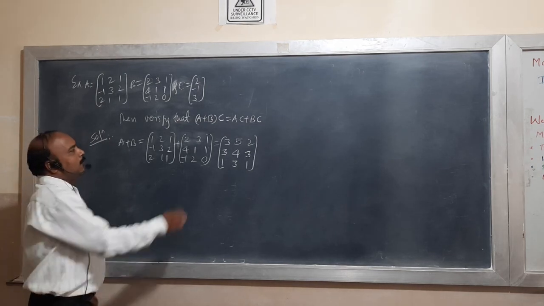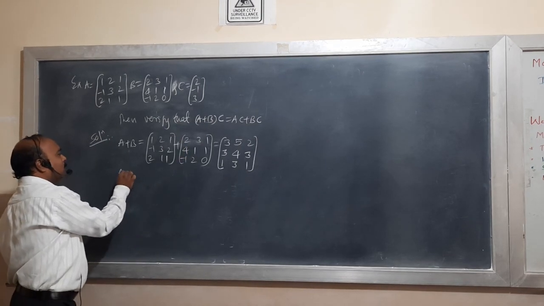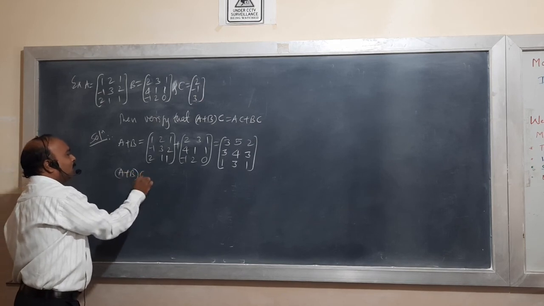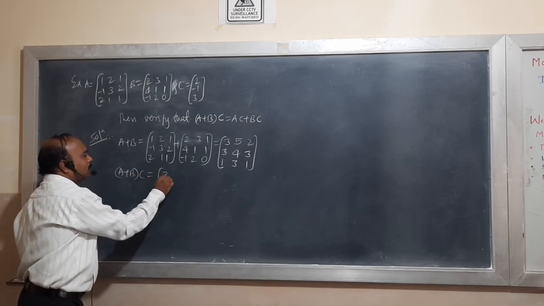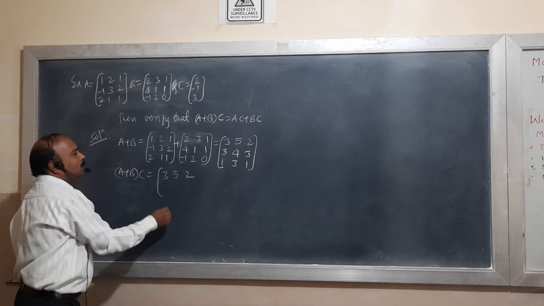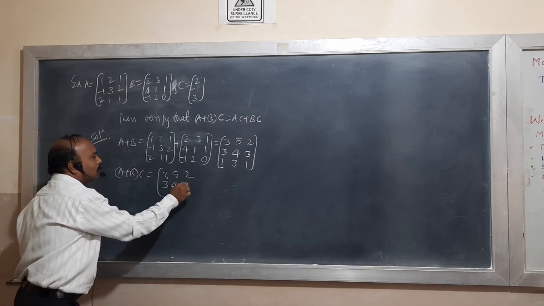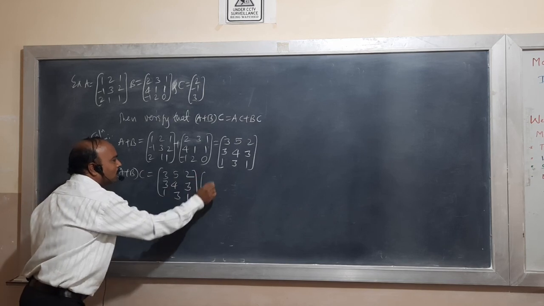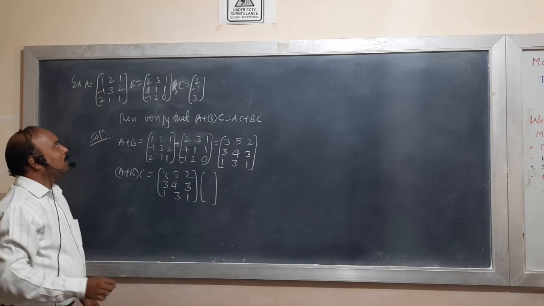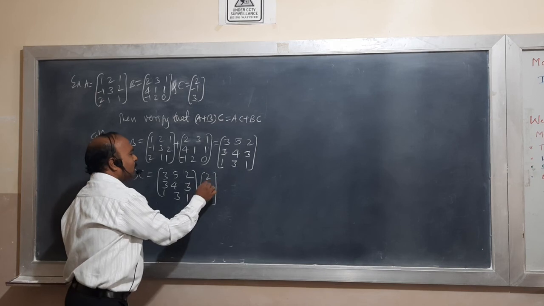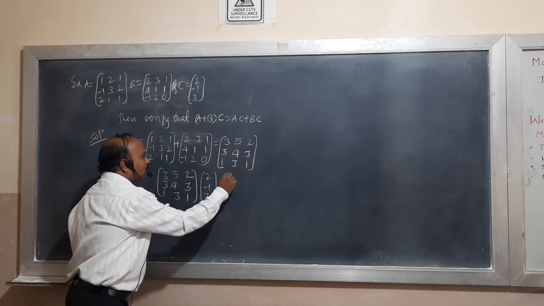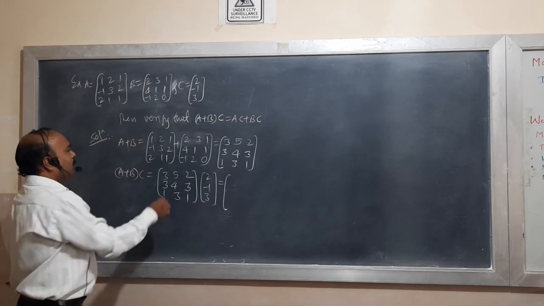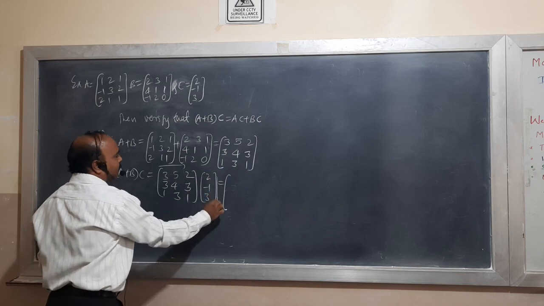Then you go for (A plus B) into C. A plus B is [3, 5, 2; 3, 4, 3; 1, 3, 1] into matrix C given [2; minus 1; 3]. Then you go for multiplication, row with column.